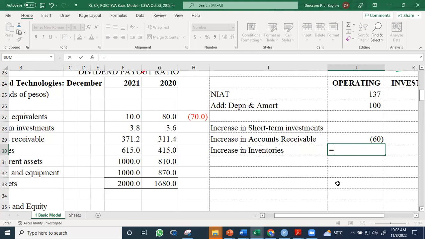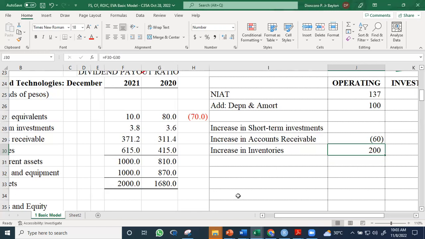No, sir. So what should it be? Then 615 minus 415. Okay, because it's a source of cash, right? Correct? I guess, sir, yes.